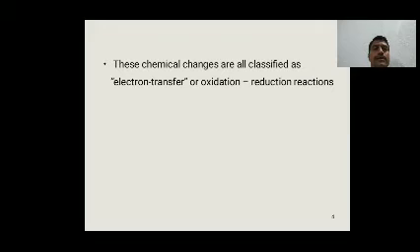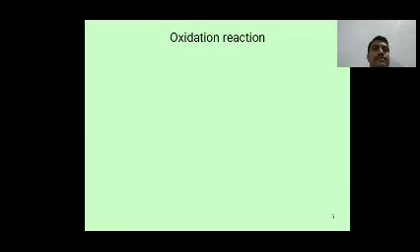These are all possible by the transfer of electrons from one substance to another substance to make energy sources.